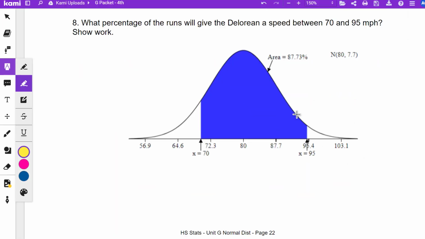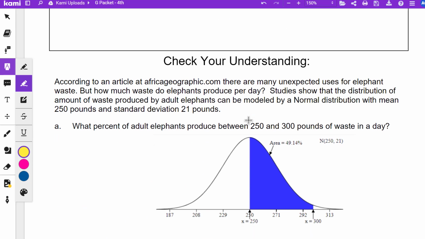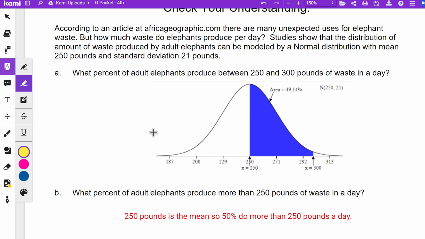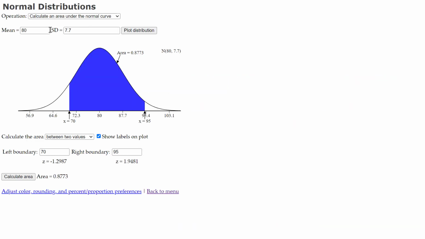87.73%. Now on the check for understanding, I didn't really have you fill that out. You were fine. What percentage of elephants produce between 250 and 300 pounds of waste a day? So we need to know the mean. The mean is 250. And the standard deviation is 21. You go back to your normal distribution.